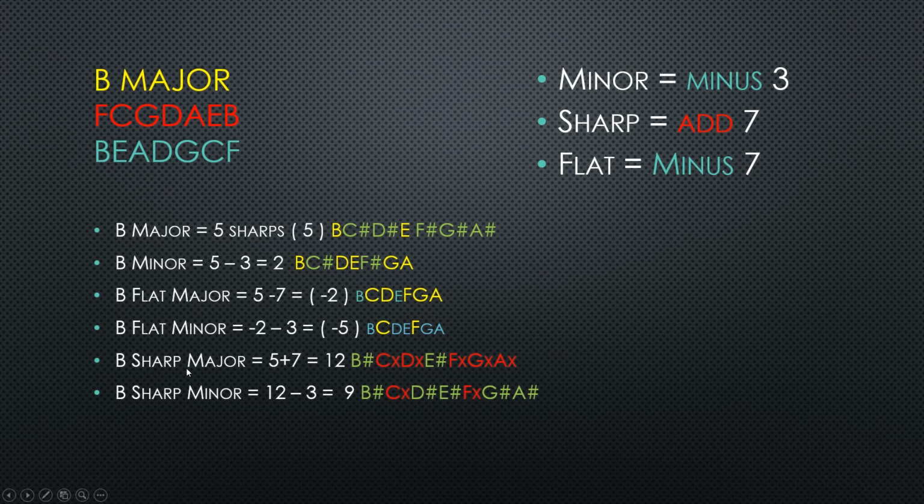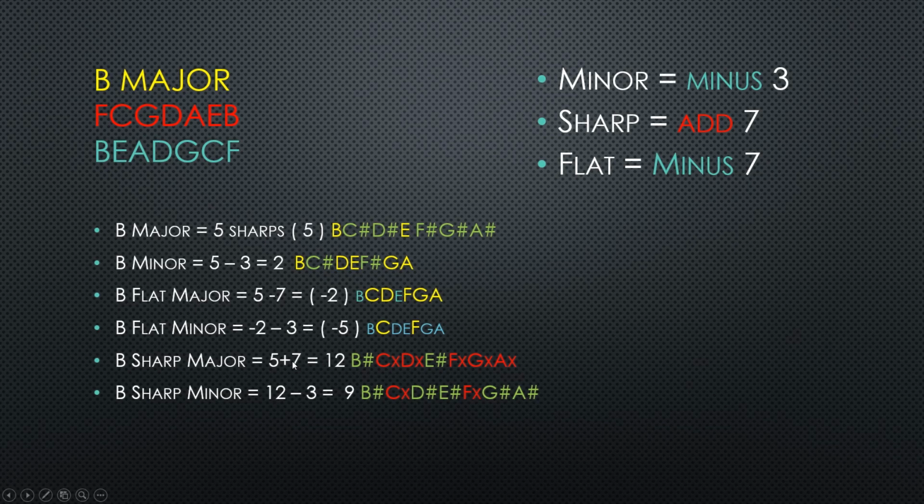But we have B sharp major, okay? So we have B major, which is 5, and we want to add 7 to make it a sharp. 5 plus 7 is 12. Hopefully I did the math right. And here is where we'll introduce something new called double sharps, which is practically when a sharp has to get sharped again, okay?